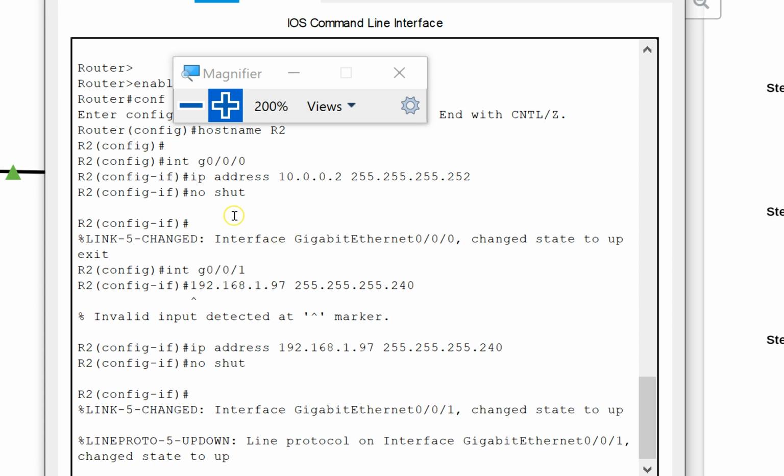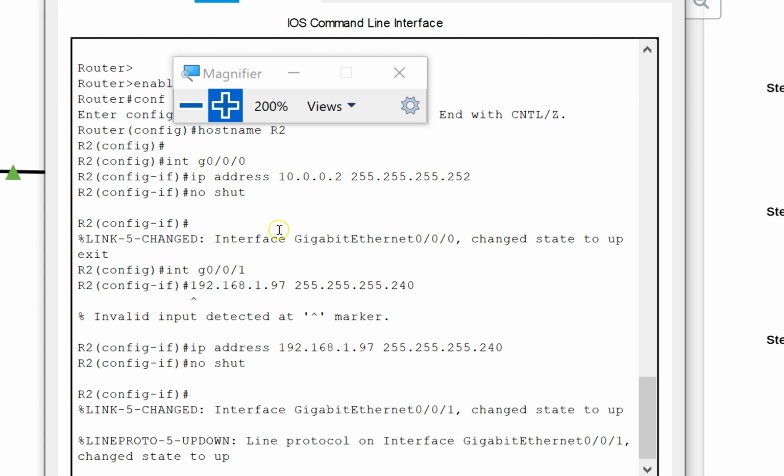That means this subnet starts at 10.0.0.0/30. That's the subnet address. That means the first usable is 10.0.0.1. The second address and the only other address on that subnet is 10.0.0.2. And 10.0.0.3 is my broadcast address for this small little subnet.